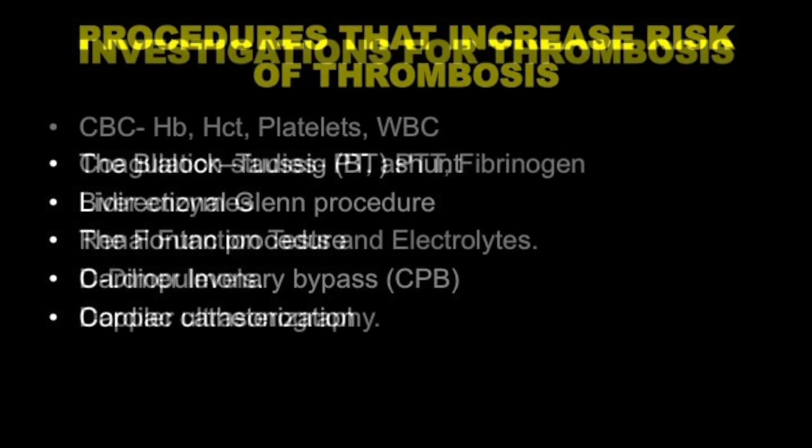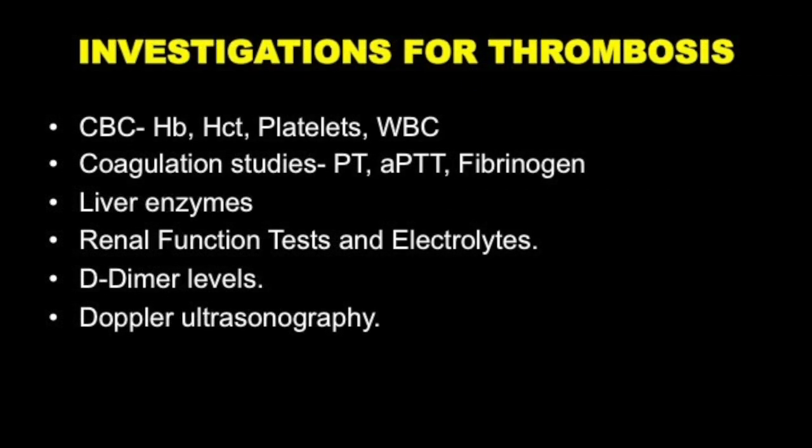So how do we investigate a child you suspect to have thrombosis? One, you start by doing the baseline investigations. One is the CBC. You look at the hemoglobin level and hematocrit. A hematocrit more than 65% is a high predisposing factor for thrombosis. Platelets and white blood cells, because that will also show you if there are infections.